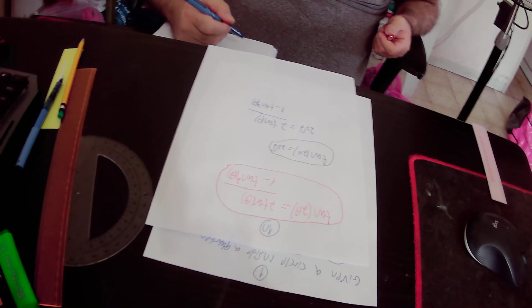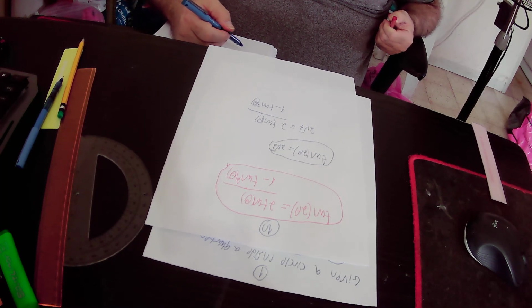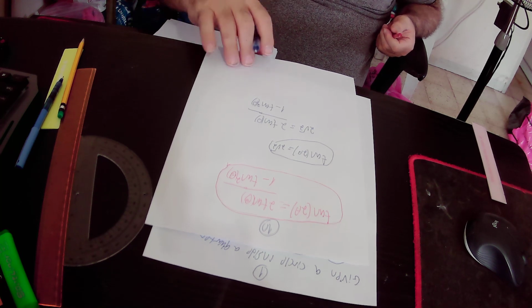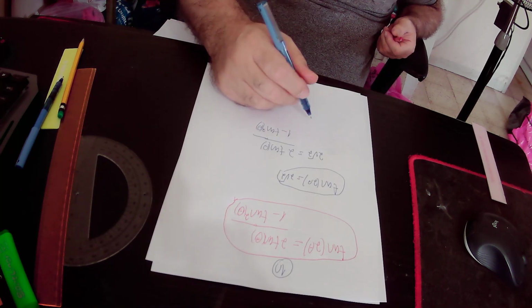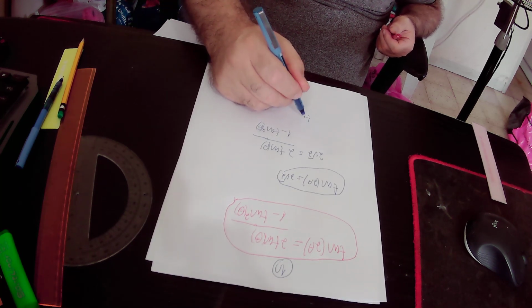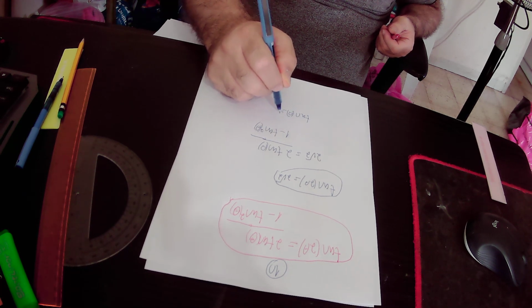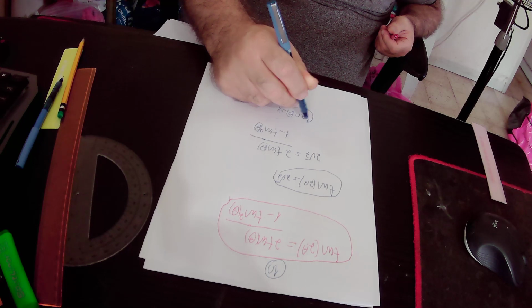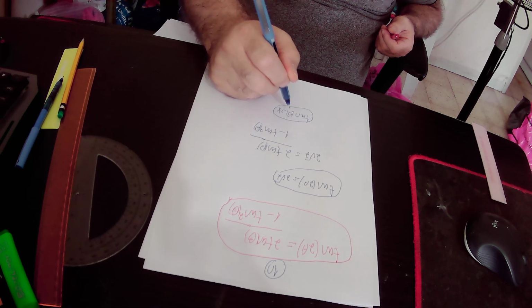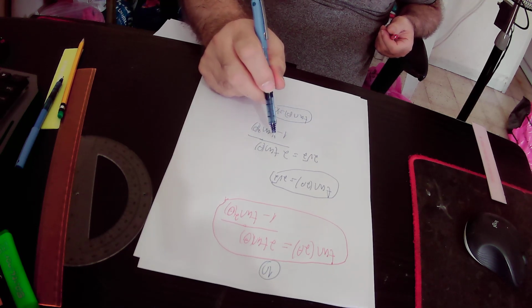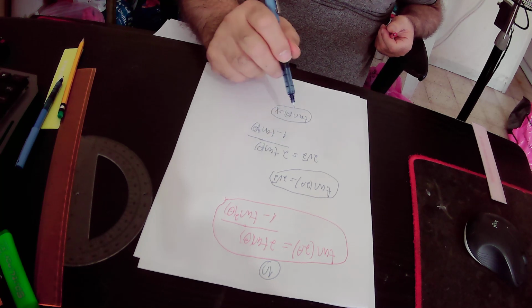Okay, so in the next step we will define tangent theta as x, and we will find out the value of x. Tangent theta will be equal to x according to our definition. So we'll substitute tangent theta in this equality by x.